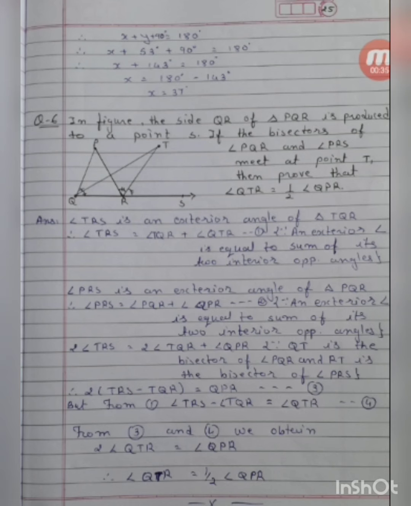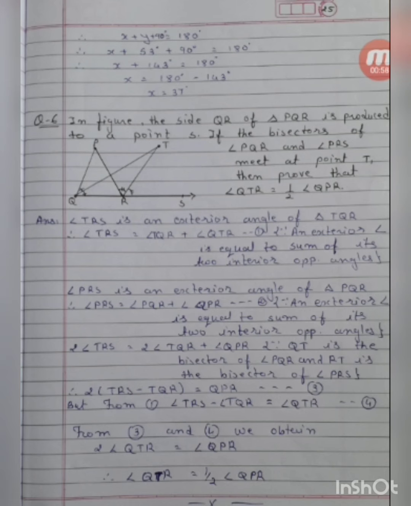Now the same thing: angle PRS is an exterior angle of triangle PQR. So we can write here angle PRS is equal to angle PQR plus angle QPR. This is number 2. An exterior angle is equal to the sum of its two interior opposite angles.